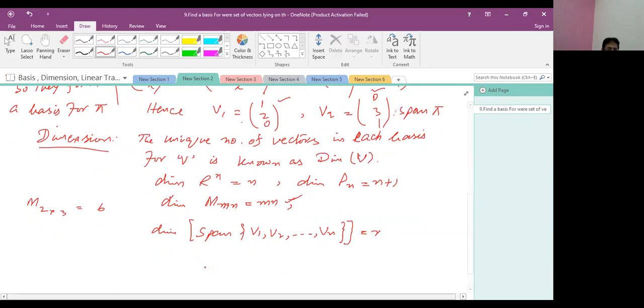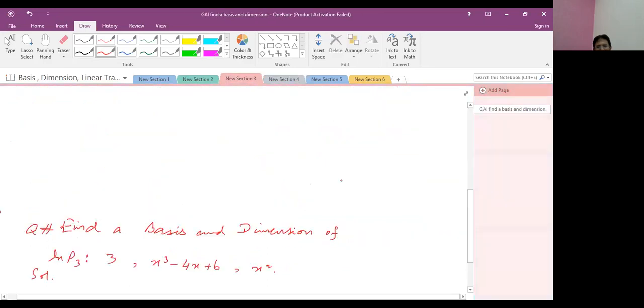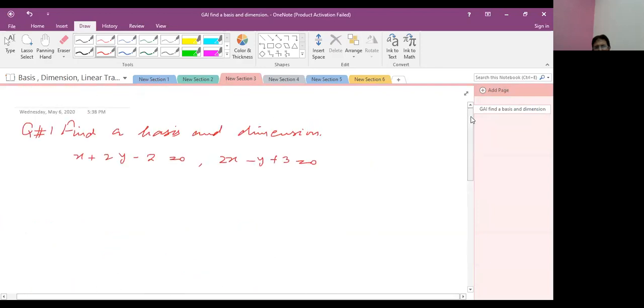So now write an application about dimension, student. Find a basis and dimension of the given equations.